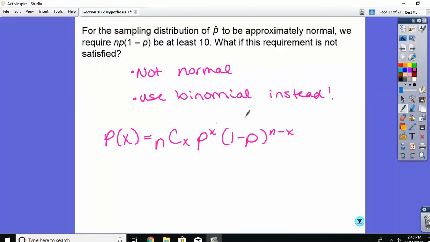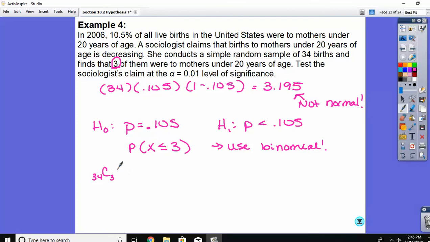Then we had our p to the x, so that would be 0.105 to the third. 1 minus p, I'm just going to go ahead and subtract those versus writing that every time. That'd be 0.895 to the n minus x, so 34 minus 3 is 31. But that's just the probability of 3. I would also have to do the 2, the 1, and the 0.